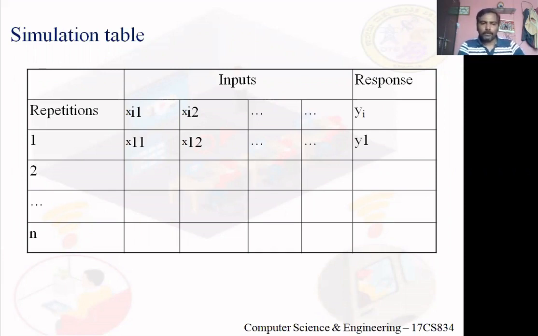So I've given you two inputs: the inter-arrival times of all these n customers and the service times of all these n customers. So n is fixed in this case, because I told you to simulate for n customers.